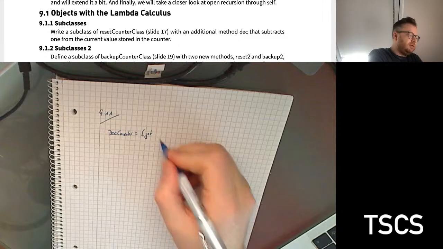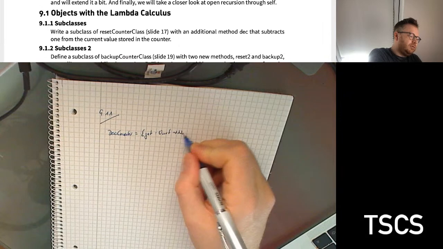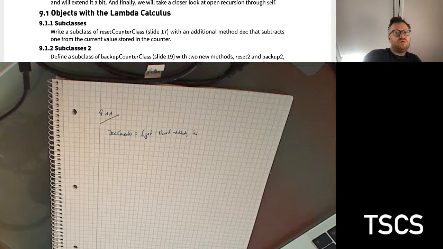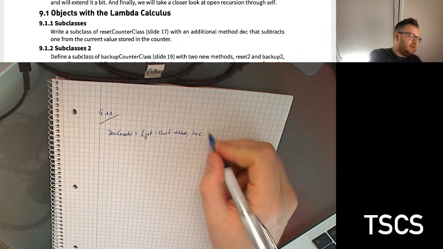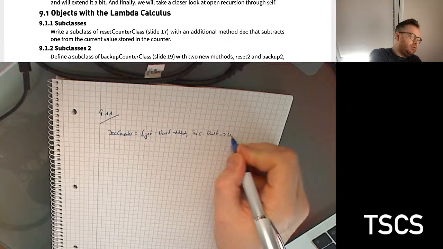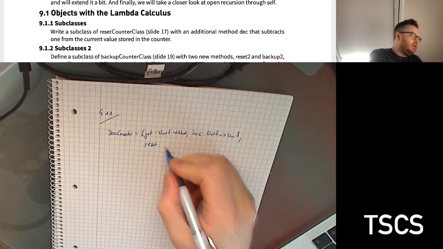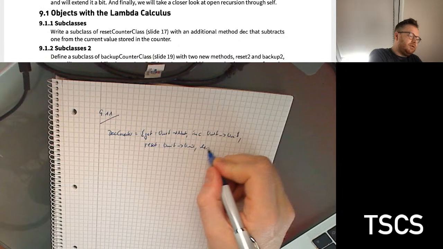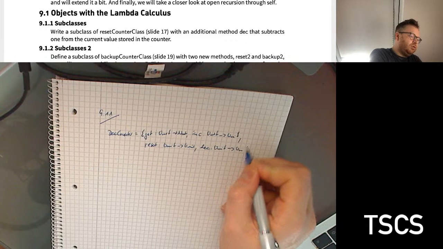And the record for that is that we have a get that goes from unit to nat, unsurprisingly an inc, an increment operator, or increment method in this case, that goes from unit to unit, a reset function that goes from unit to unit, and now the new one comes in, the dec function that goes from unit to unit.